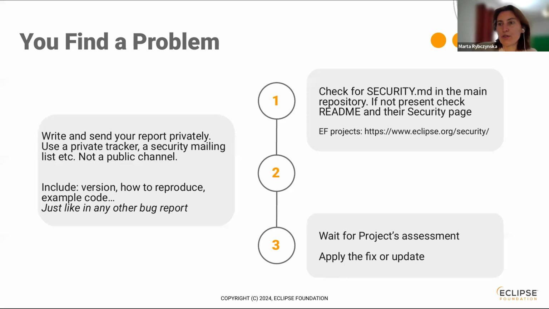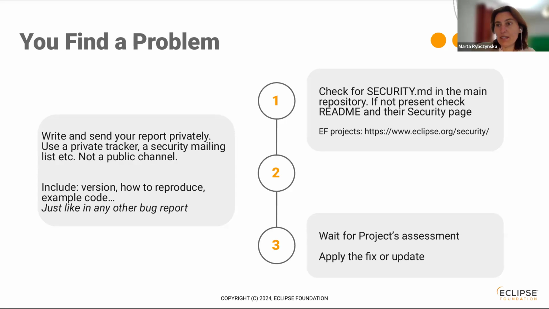In the report, include the typical information: what is the version that is affected, how to reproduce the issue. If you have code, for example if it's a library call and a specific use of a library, provide some example code also, so that the project team has all the information they may need.